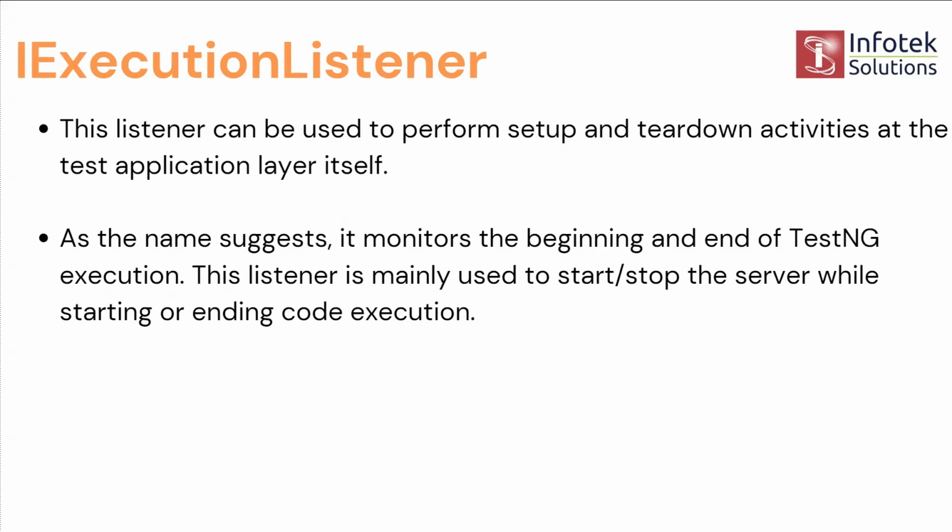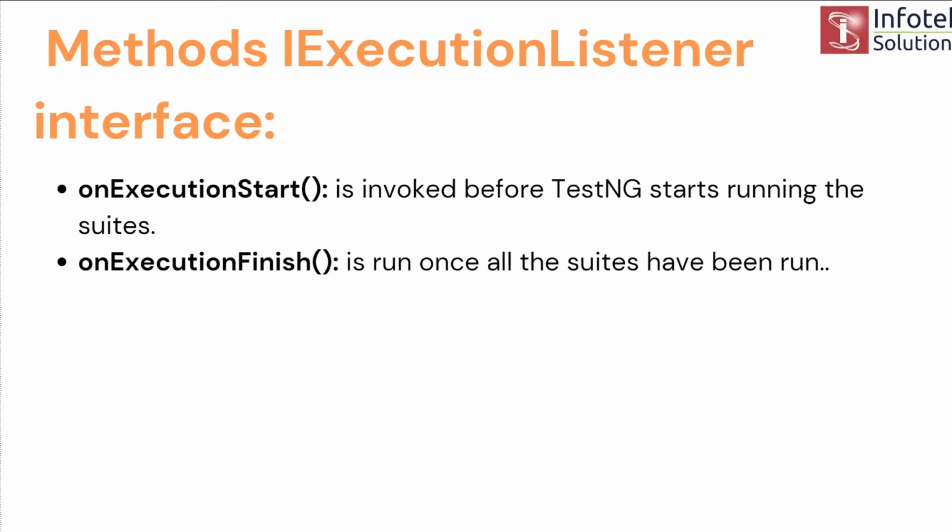As the name suggests, the IExecution listener monitors the beginning and the end of TestNG execution. This listener is mainly used to start or stop the server while starting or ending the code execution. In IExecution listener, we have two methods: on execution start and on execution finish.